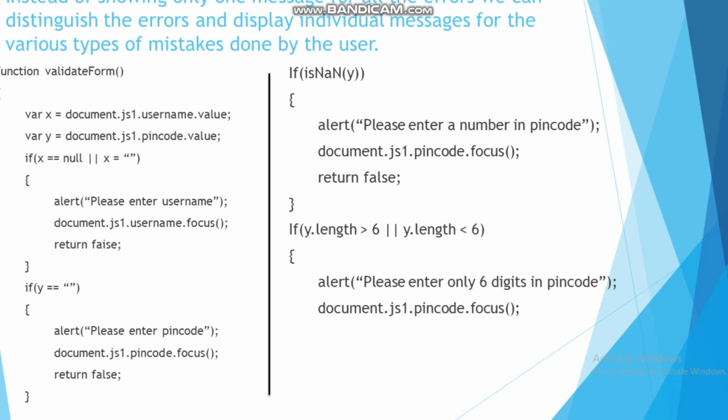Again it will place the cursor inside pin code and then return false. So if all is well, then it will submit the form, otherwise it will display an error message.